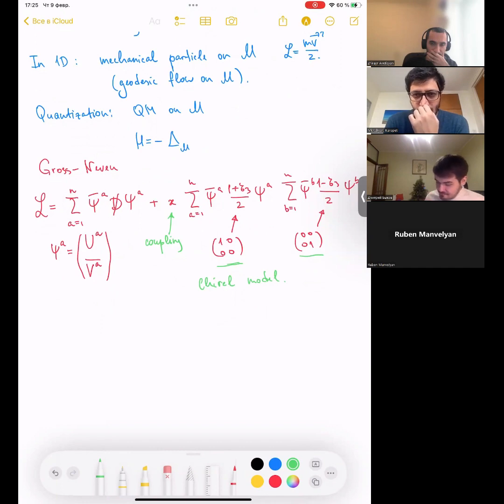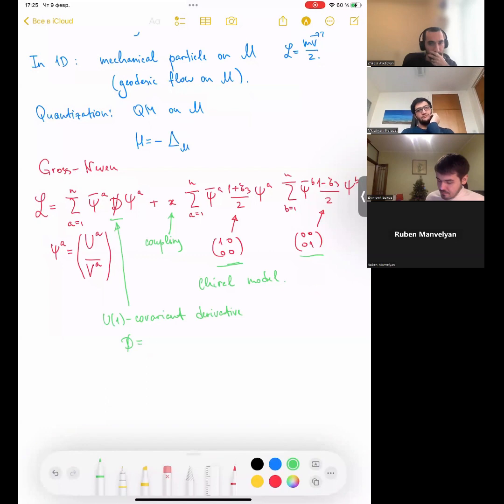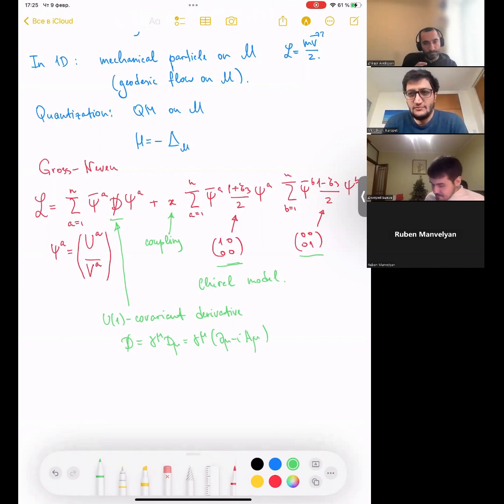And D is a U(1) covariant derivative, gamma mu D mu, where mu runs from 1 to 2. So this is 2 dimensions. So is it clear? Yes.